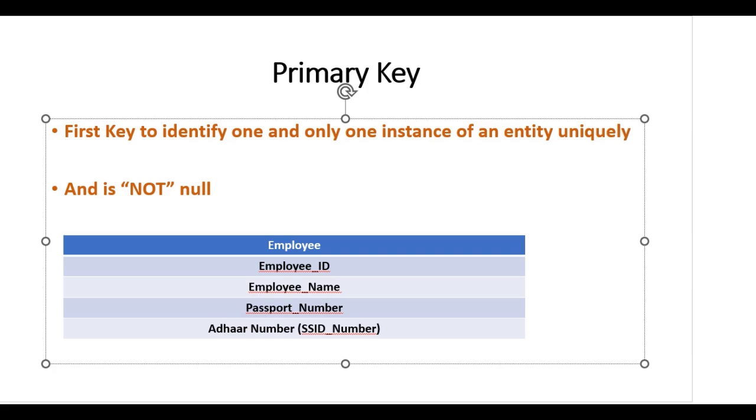You can see in the employee table, we have employee ID. Let's first take the example of employee name. If in a company we have an employee with the name George in one department, we might have another person with the name George in another department, or maybe in the same department as well.